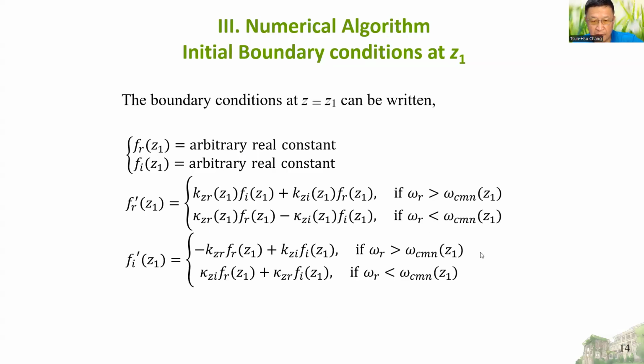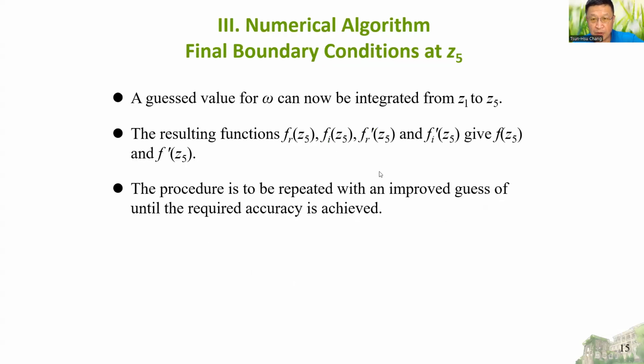And f prime is for the real part, and that's for the imaginary part. For the imaginary part, we use this one. Look at the marker here. So we use this one and this one.